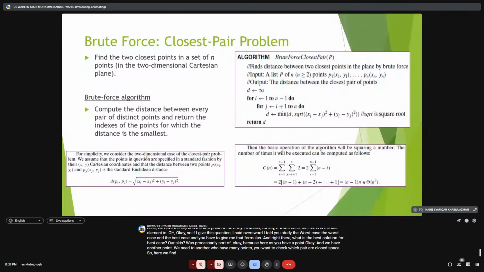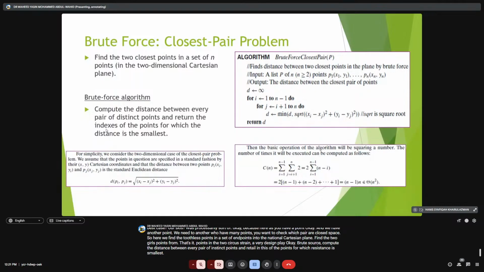So here we find the two closest points in a set of n points in the two-dimensional Cartesian plane. Brute force: compute the distance between every pair of distinct points and return the index of the points for which the distance is smallest.